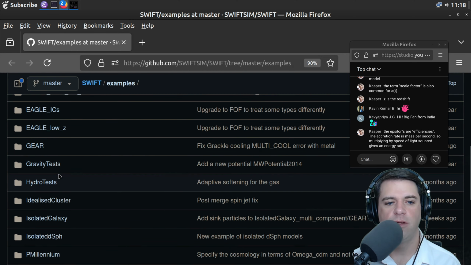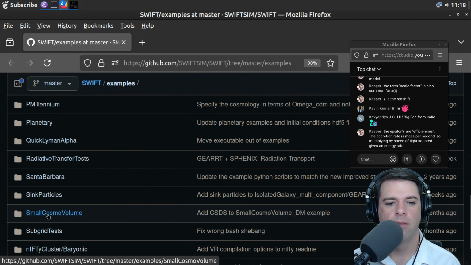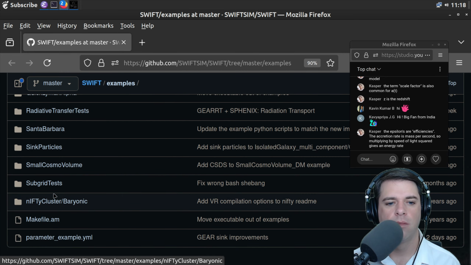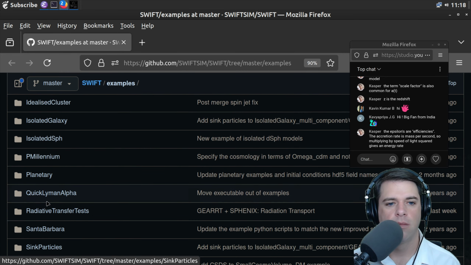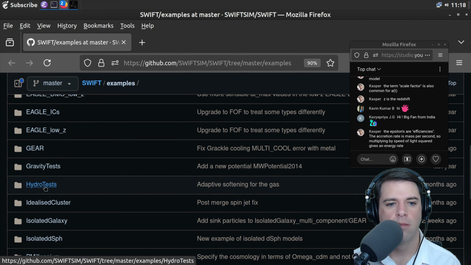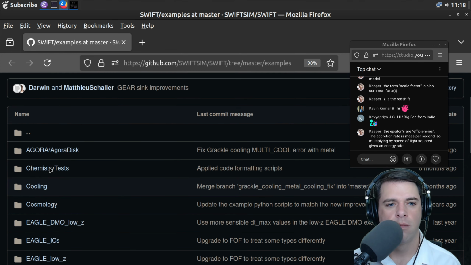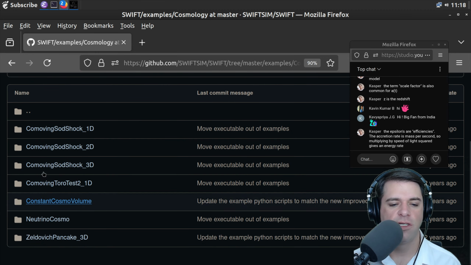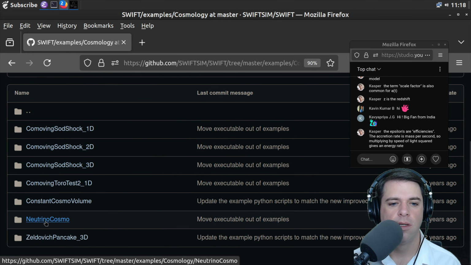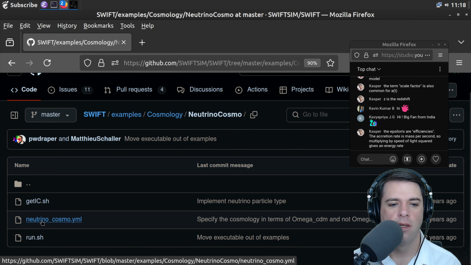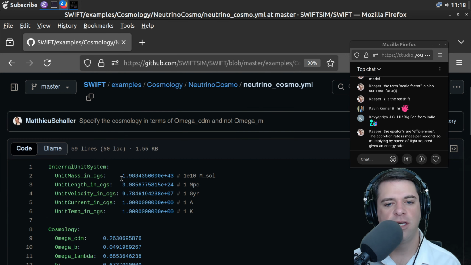Will any of these tell me about the universe? How about cosmology? Co-moving shock, neutrino, cosmo. So this is configured with a YAML file, which is fundamentally basically like JSON.